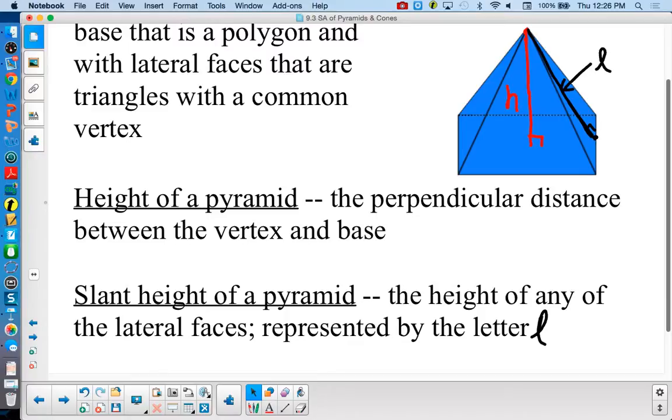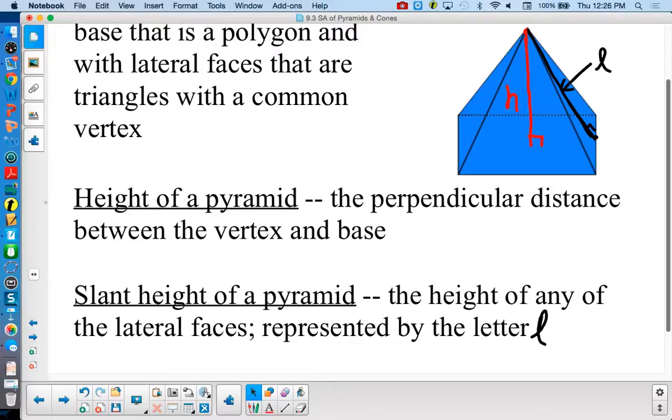Got that screen done? Not quite. We talked about nets, either yesterday or the day before. What would the net of this pyramid that I'm holding look like?